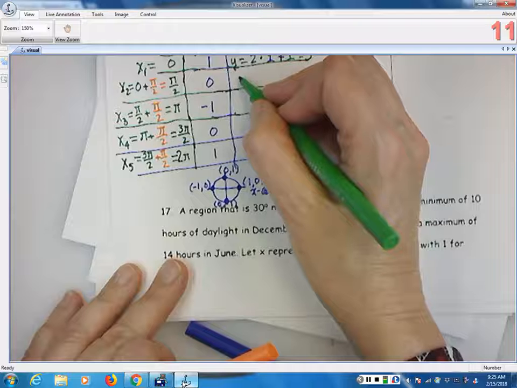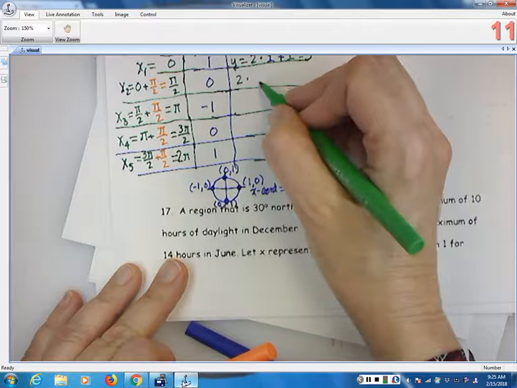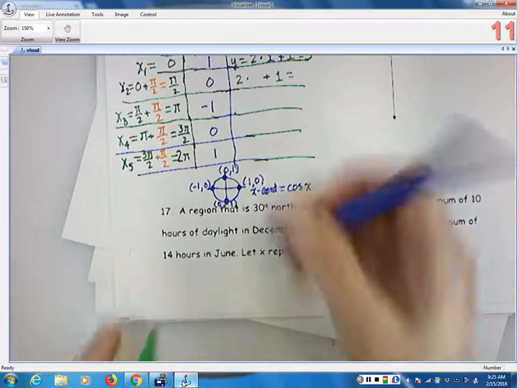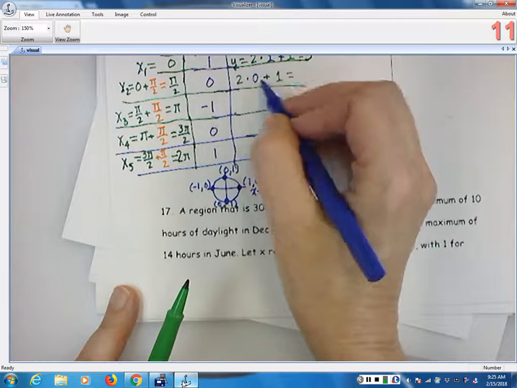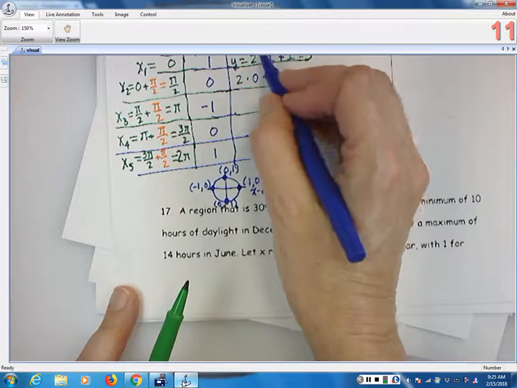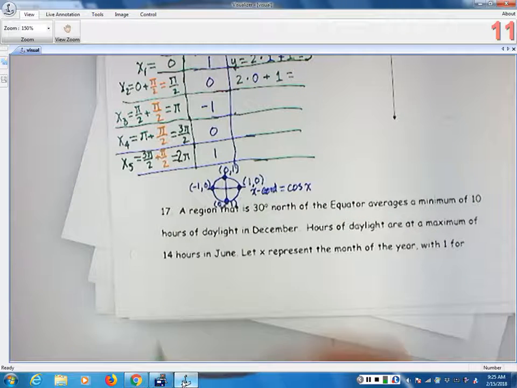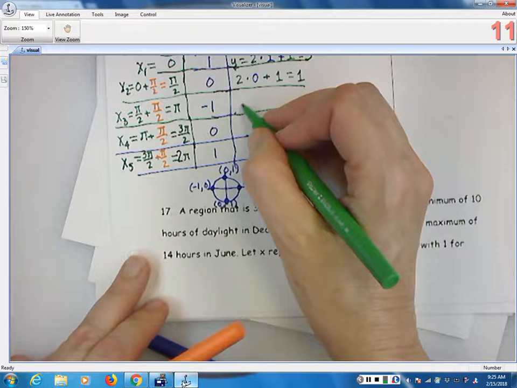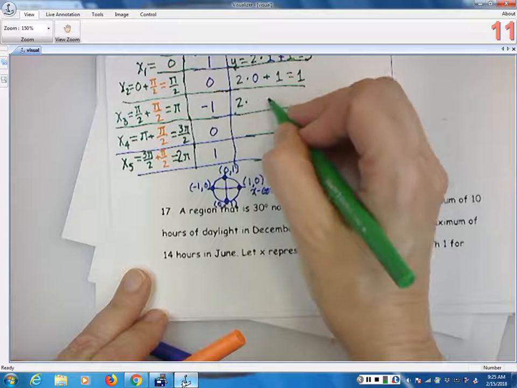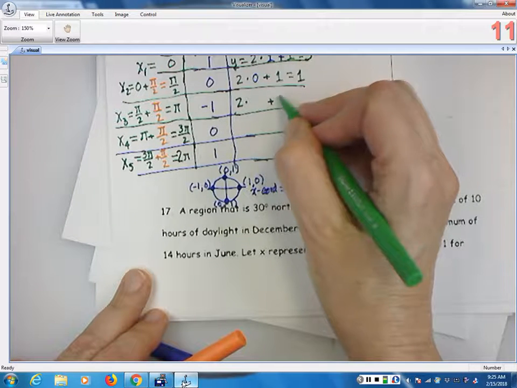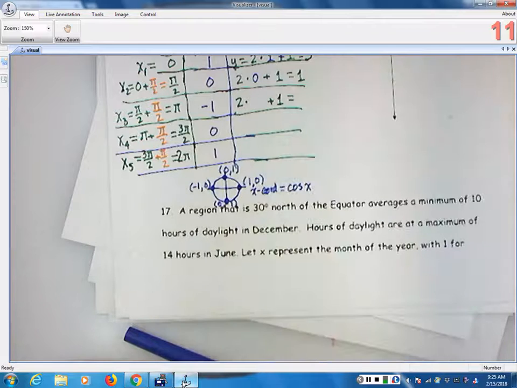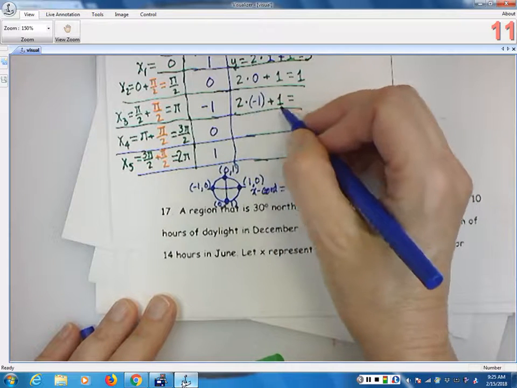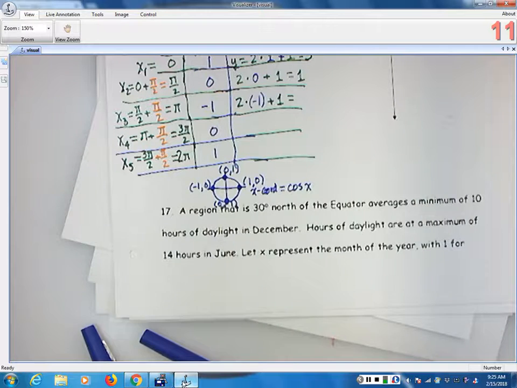So we're going to have 2 times 0, plus 1, that's the cosine function, and that's going to be 1. 2 times a negative 1 plus 1 is going to be negative 2 plus 1, that is negative 1.